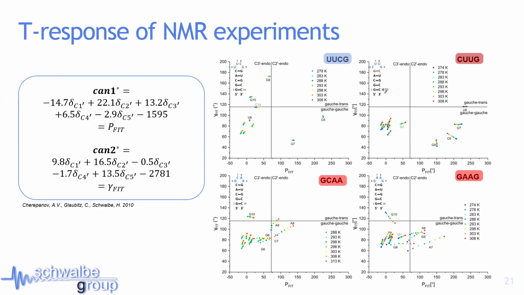And this can also be displayed as a function of the temperature. And again, for UCG, there's really not much happening here. For the CUG, we see there are some temperature-dependent shifts. What's quite interesting here is that we don't have a linear dependency, but there's a curve in this trend, indicating that there are more than two states that are responsible to describe this behavior.